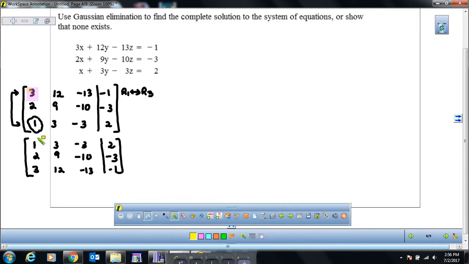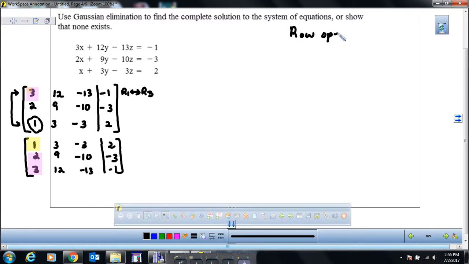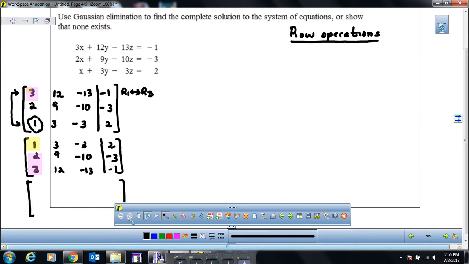So after making this top number a 1, step number 2 is that we need to make the 2 and the 3 zeros. Okay, this is when we're going to use the row operations here. To turn those two into zeros, we're always going to do one at a time. We're going to start with the middle.